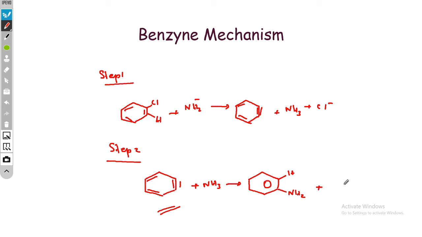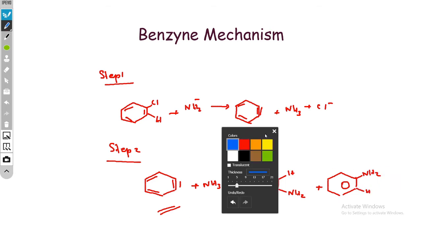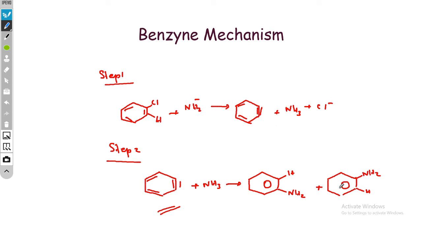Then the next product is here NH2, here H. So in order to identify which position is attached, if we label this carbon as C14, then here C14, and here C14, not here.